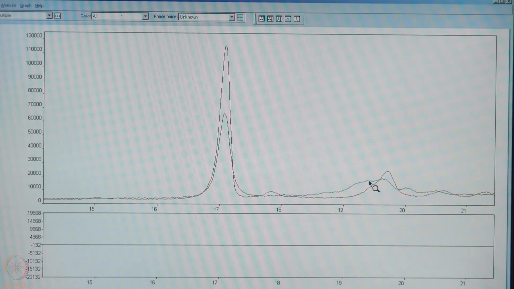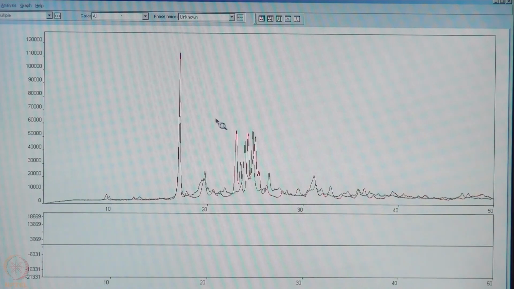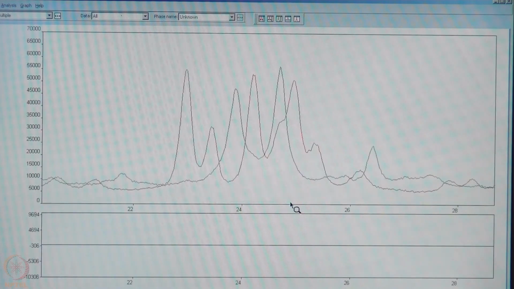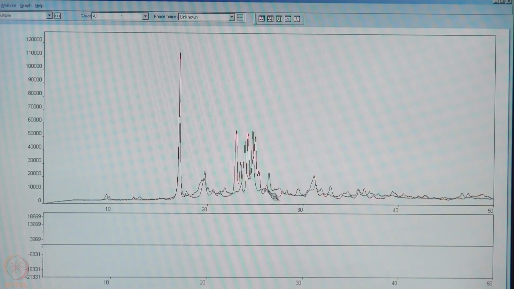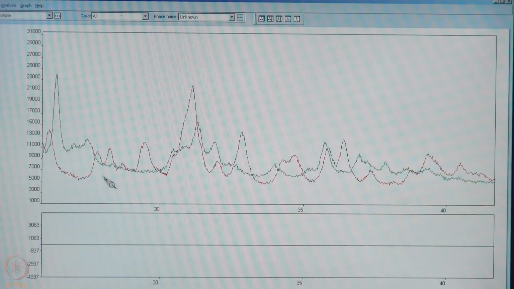In some cases, the peak is shifted towards the left. In this region, the peaks are totally different because you had 1, 2, 3, 4 and 5 peaks, while you have only 1 and 2 green colored peaks. So this type of difference in the powder X-ray diffraction pattern clearly indicates the polymorphism present in this particular sample.